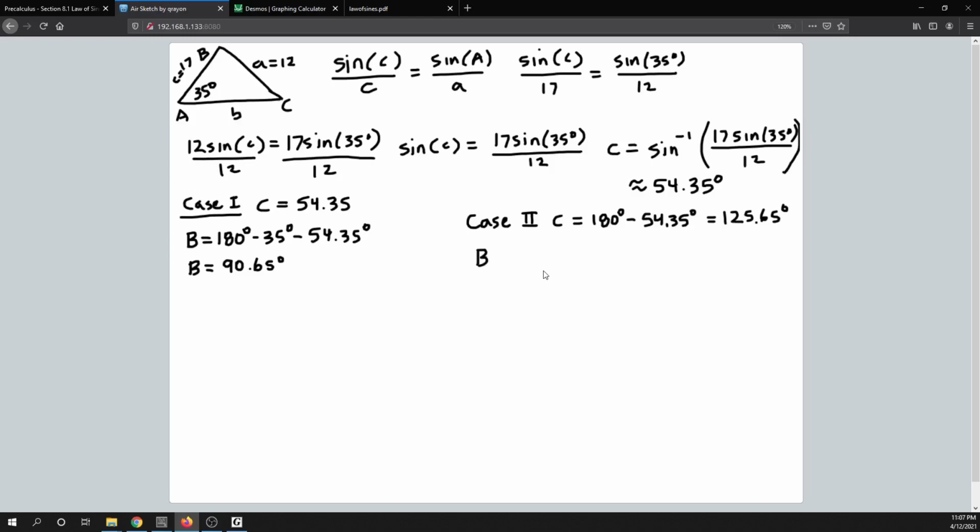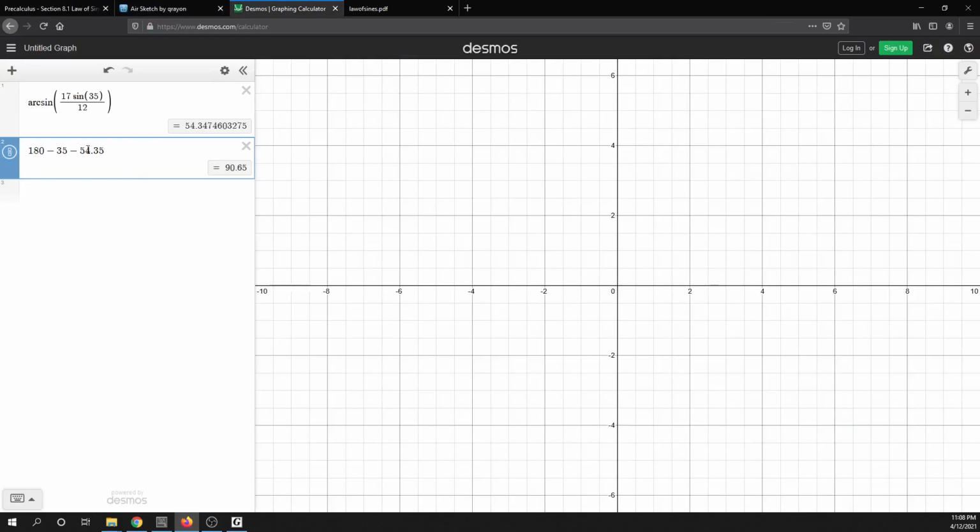In case 2, B would be 180 minus angle A, which is 35 degrees, minus angle C, which is 125.65 degrees. And in this case, we're going to get 19.35 degrees.